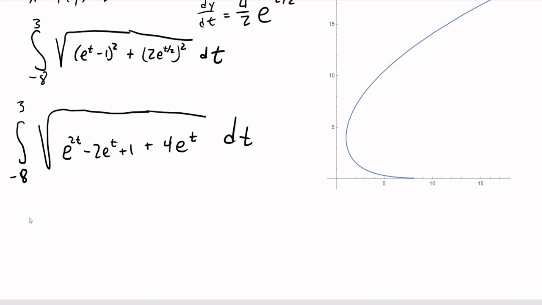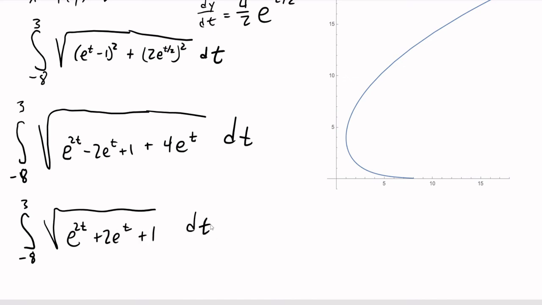Okay, let's do some combination. -8 to 3, not negative infinity. My 8 fell down. Okay, so I've got the square root of e^(2t), and these combine to be plus 2e^t plus 1 dt.